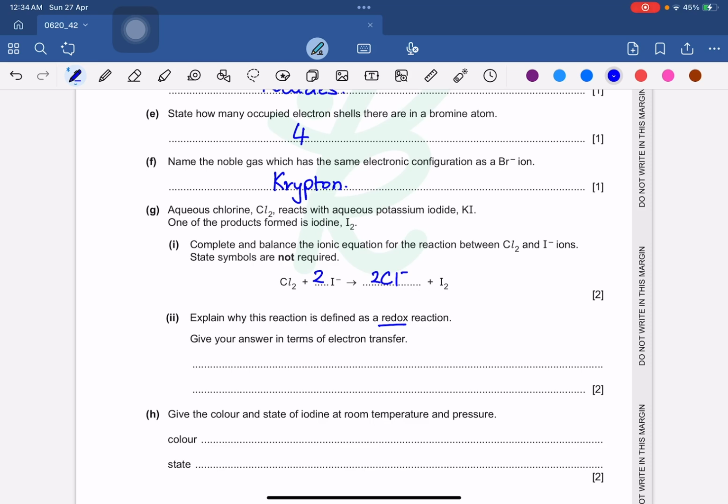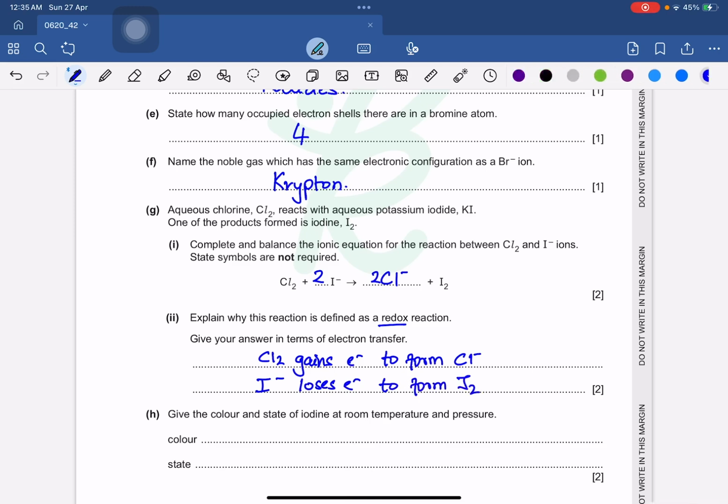So in this case, we can see that chlorine Cl2 gains electrons to form Cl minus, whereas I minus loses electrons to form I2. So in this case, gain of electron is called as reduction. You need not write that. And loss of electron is called as oxidation.